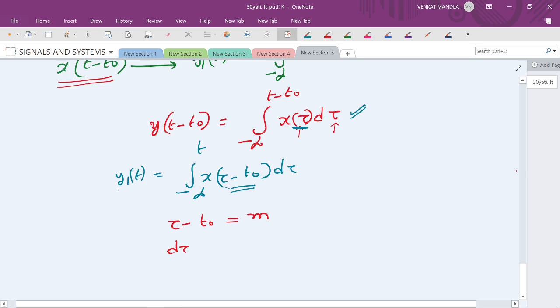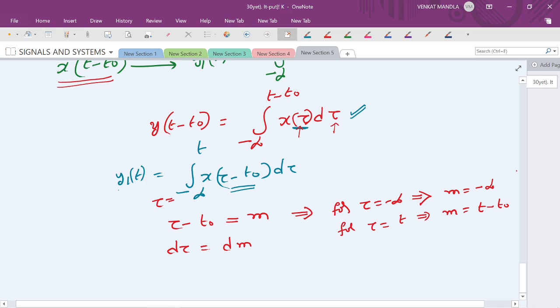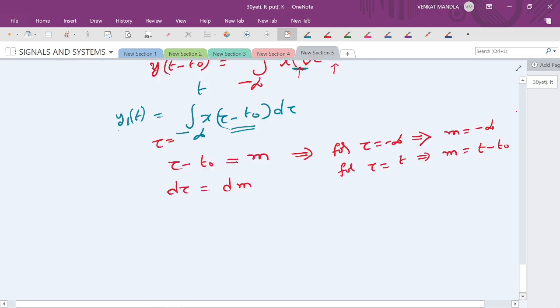So d tau equals dm, and the limits also change. For tau equal to minus infinity, m equals minus infinity. For tau equal to t, m equals t minus t naught. The lower and upper limits also change.